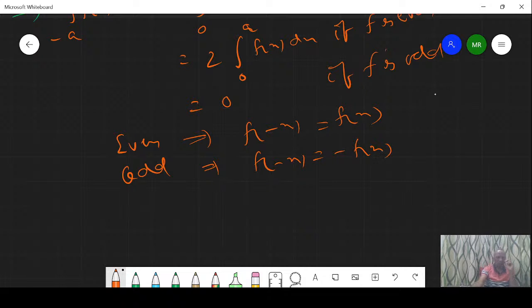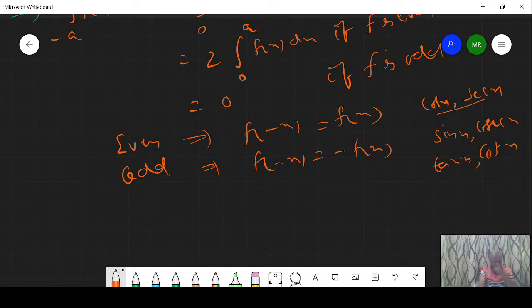Specifically in trigonometry, cos x and secant x are even functions, and sin x, cosecant x, tan x and cot x are odd functions. Only cos and secant are even functions. Just remember this property. Whenever the limits are minus a to a, you can verify whether the function is even or odd.